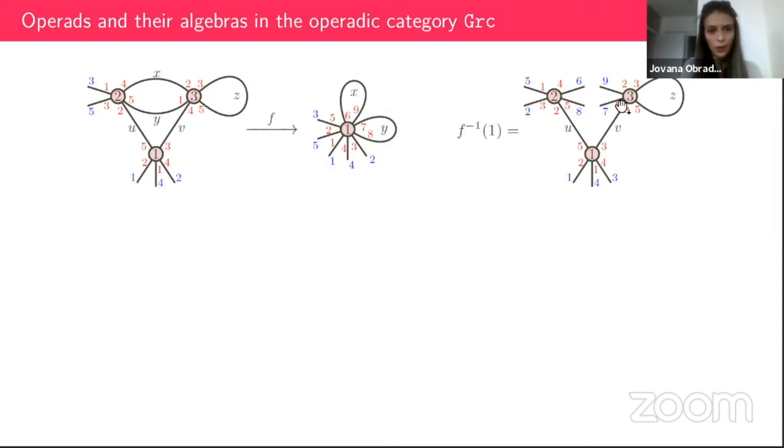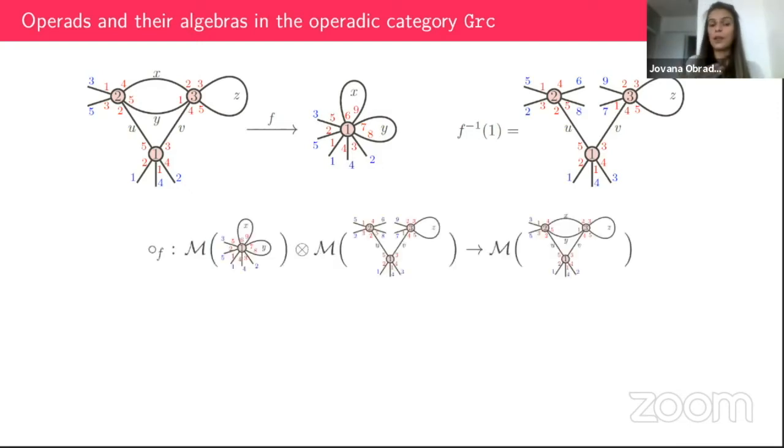So here concretely F has a single, unique fiber, and this is precisely the subgraph that I just mentioned. Okay, so this is our category, and by an operad in this category, you should think of a generalization of the classical notion of an operad, for which the arities are given by graphs and not by natural numbers. So we have a presheaf M, which associates to each graph a vector space. And then for each morphism F, like this one, we have the induced operadic composition circle F. The type of circle F should be thought of as the insertion of this fiber into this vertex here in order to recover the starting graph.